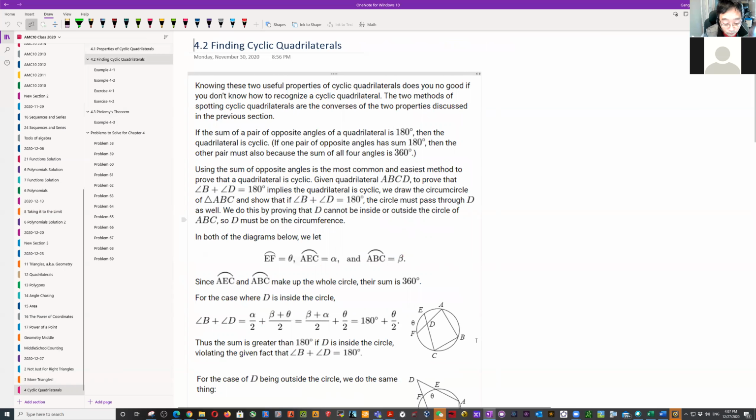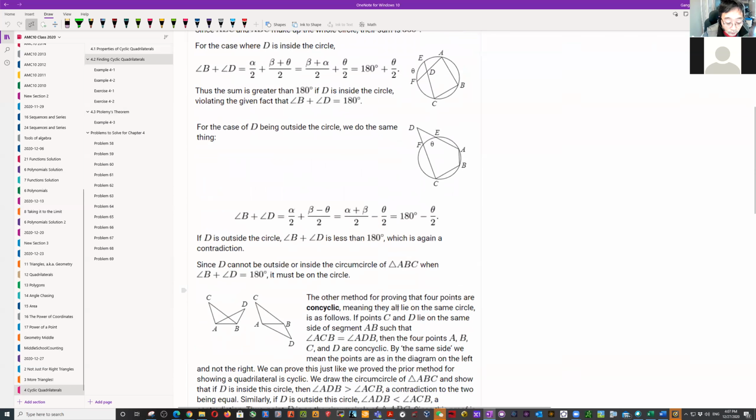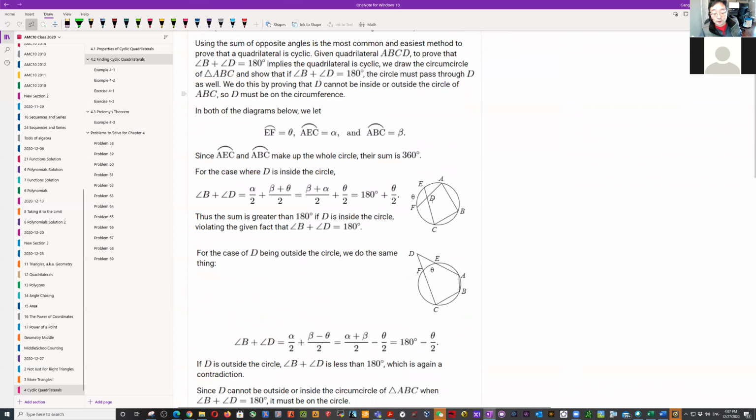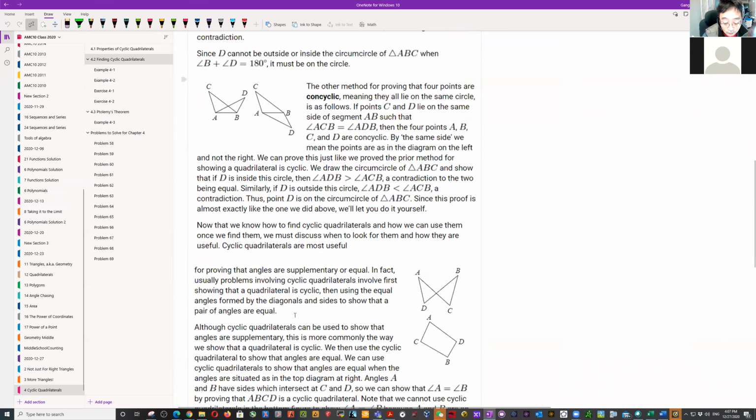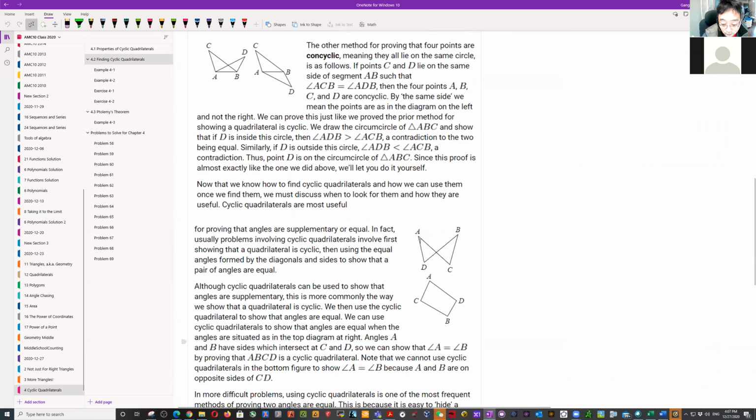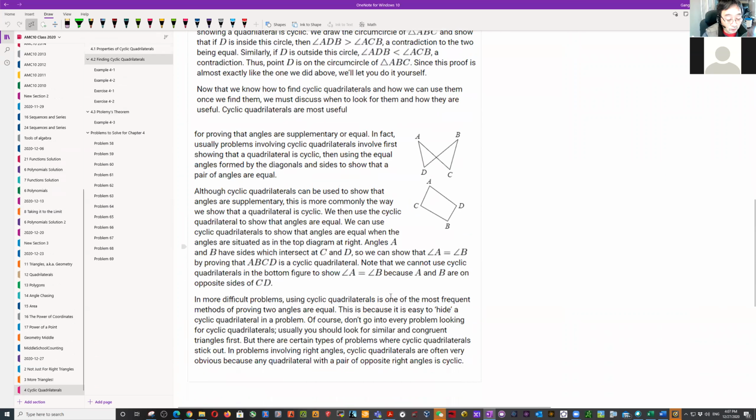Cyclic means that all four points are located on the same circle. You can judge by the opposite angles, or if angles A and B are congruent, it's also cyclic.